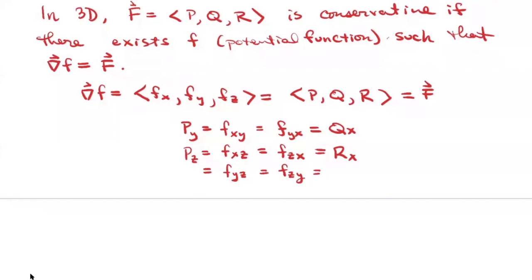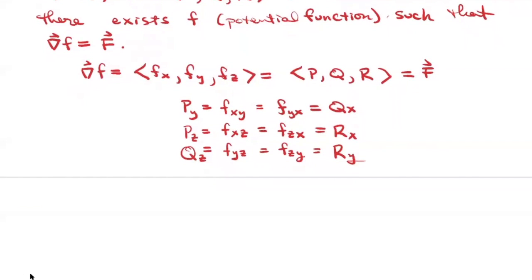So what are those? Fyz, is that Qz? Equals Ry? Is that right? Qz is Fyz, which is Fzy, which is Ry. Yeah.